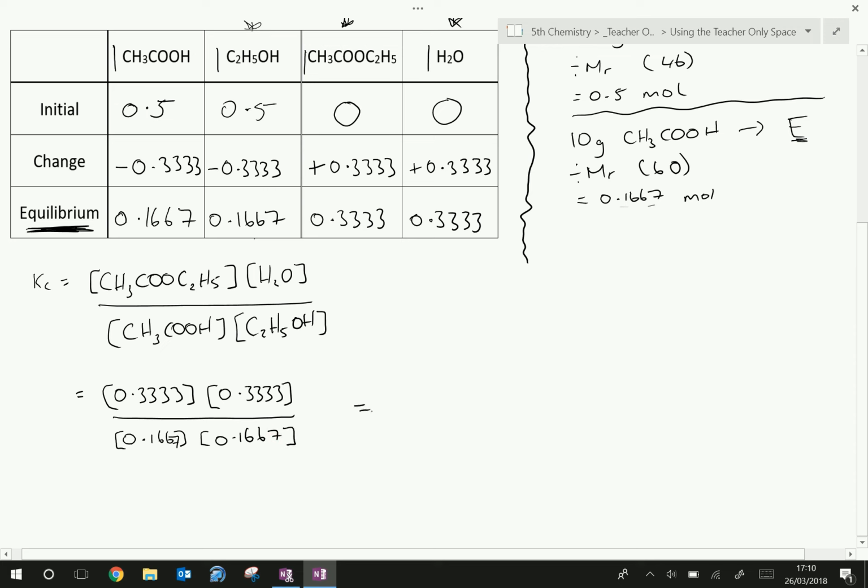So once we have all that, you can get your calculator out and you can type that in. And it works out to be 3.9976, so it's roughly equal to 4 is our equilibrium constant at that temperature.